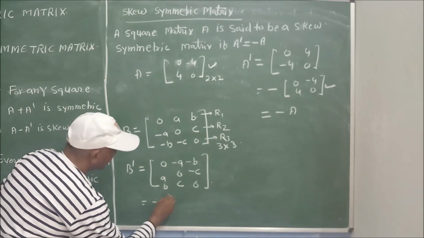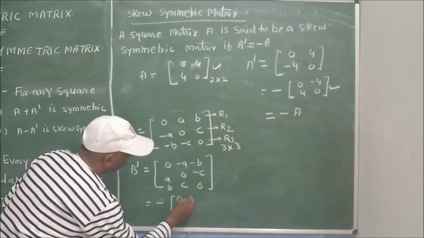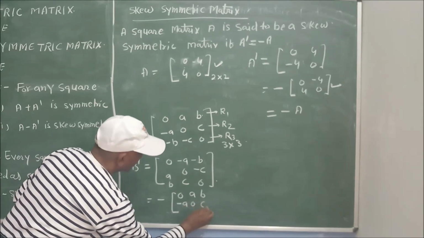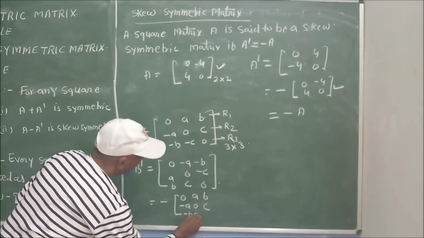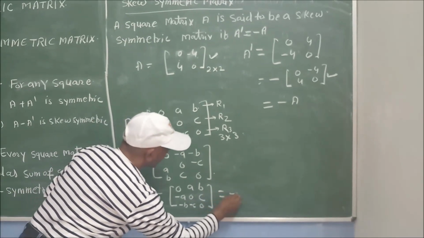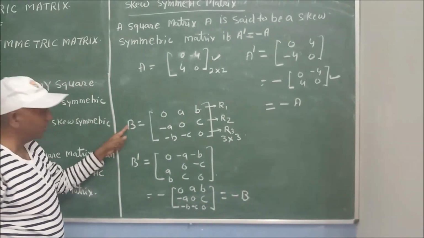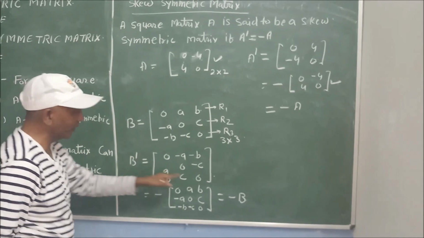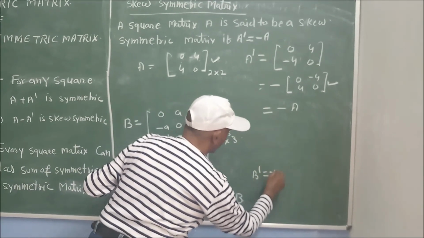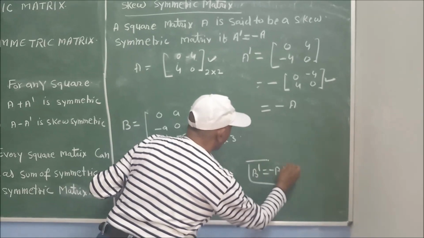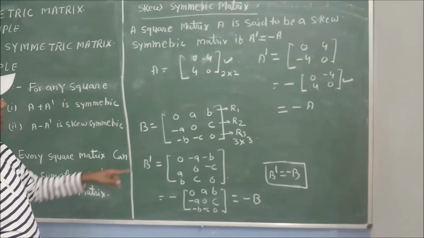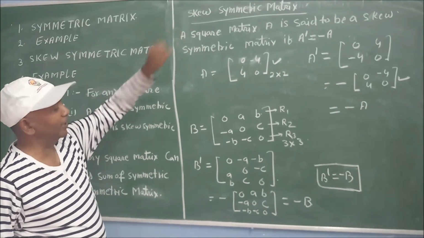If you take minus as common, this becomes minus of 0, a, b, minus a, 0, c, minus b, minus c, 0. So this is nothing but equal to minus B. From here we can say that B transpose is equal to minus B. That means B is also a skew symmetric matrix.